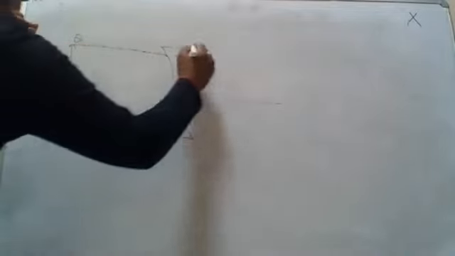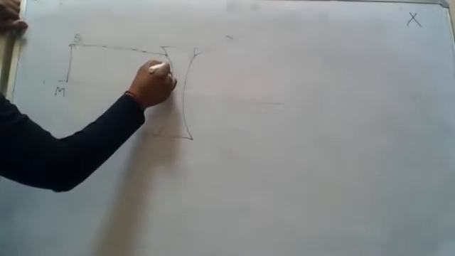Okay, so this parallel light will go and diverge in such a way that the light appears to come from the focal point. This is the secondary focal point.